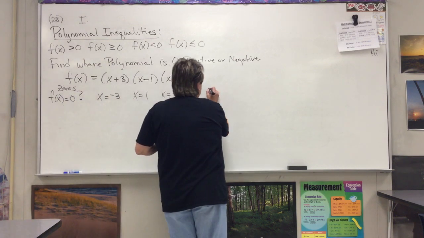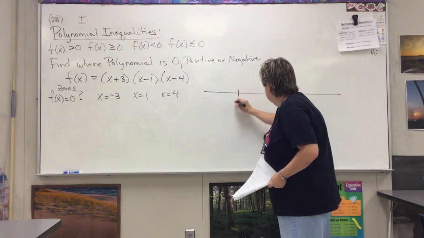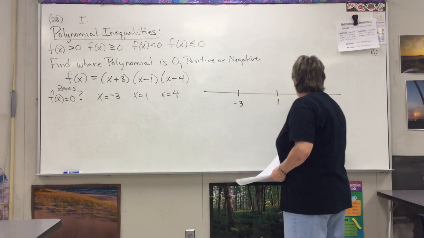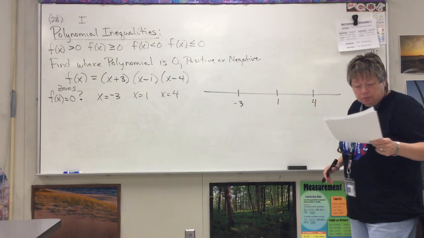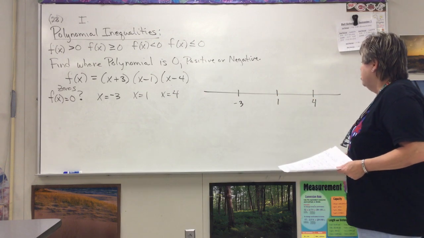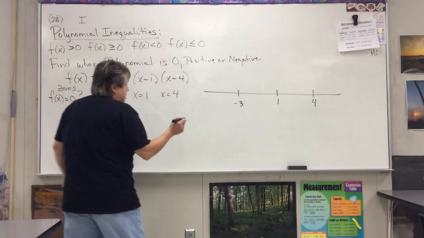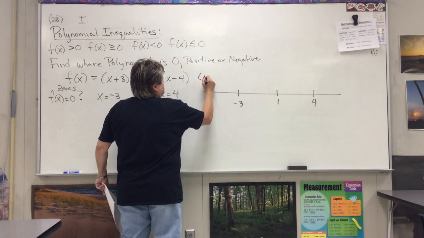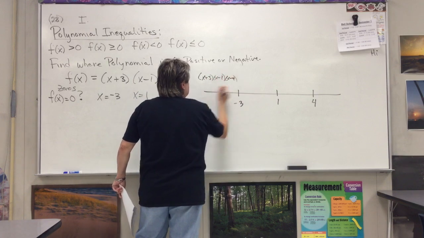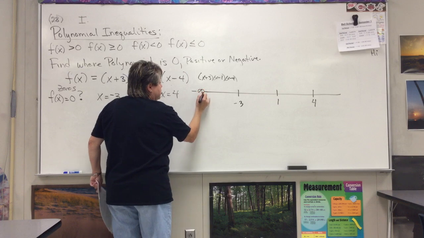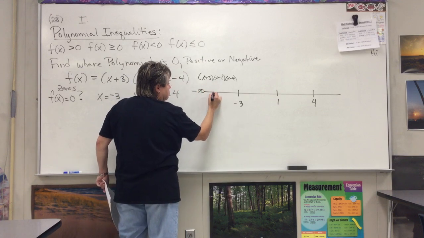So, yeah, I can come over here this time. So if I mark those on here, we're at negative 3, 1, 4. And I'm spreading that out a little bit so I have some room to do some calculation. Okay, so we want to explore this a little bit. So let's think of this, x plus 3, x minus 1, x minus 4. So in the first region, from negative infinity to negative 3, we need to take a look at a value.